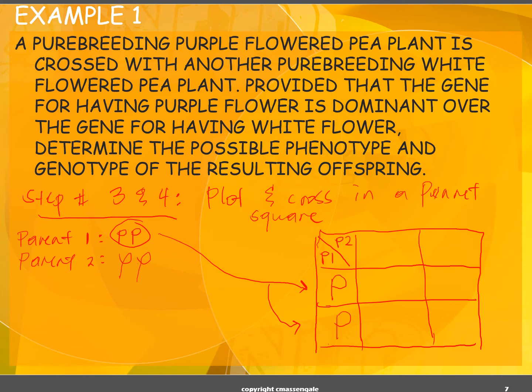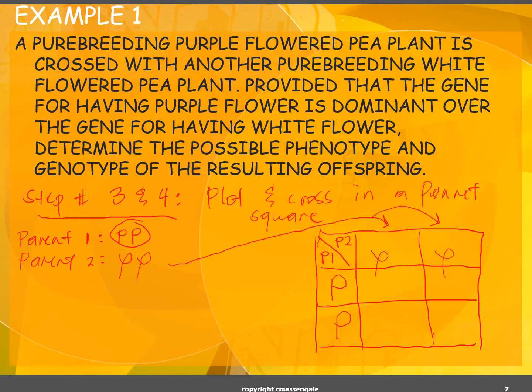Okay, so we're done with parent number 1. And then next, we will go on with parent number 2. We will write down the genotype of parent number 2 here, small letter p and small letter p.